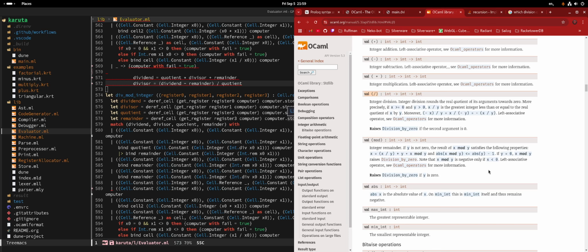So it's saying that x divided by y times y plus x mod y is equal to x. So this is the quotient. We're multiplying that by the divisor and summing the remainder.